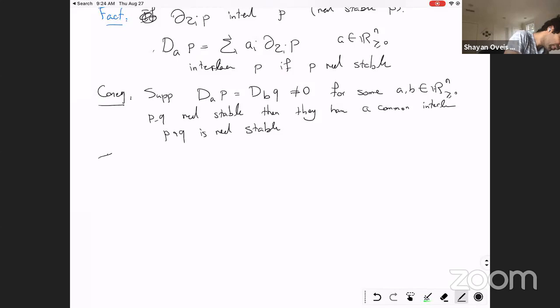Now, this is the fact that we prove for log concavity as well. So let's call it a lemma.